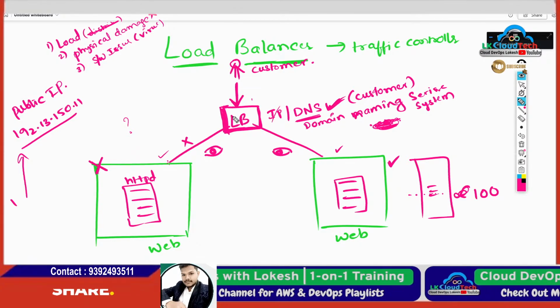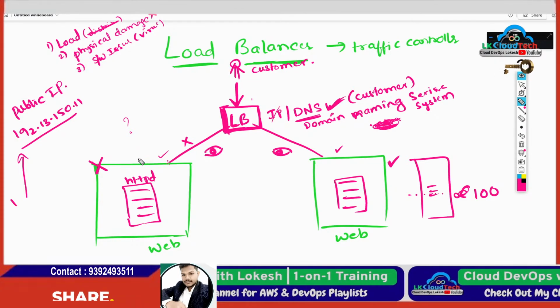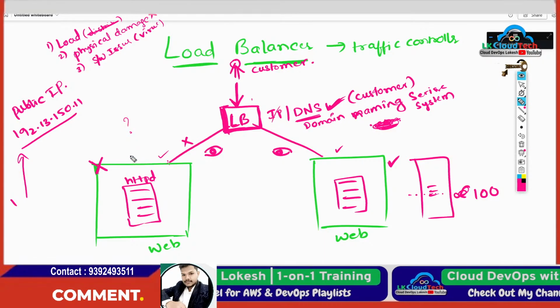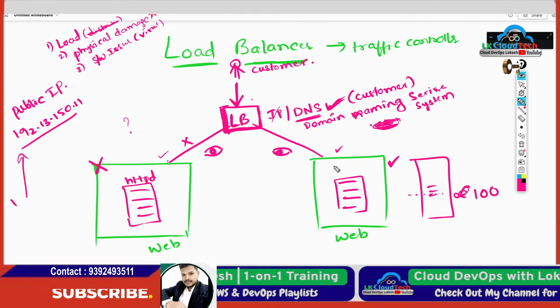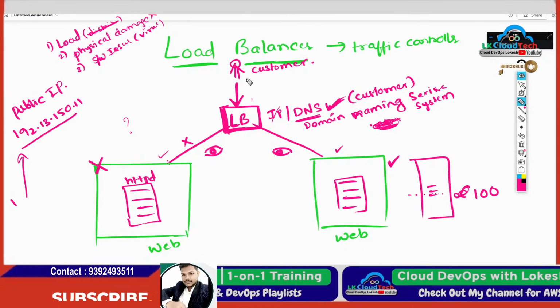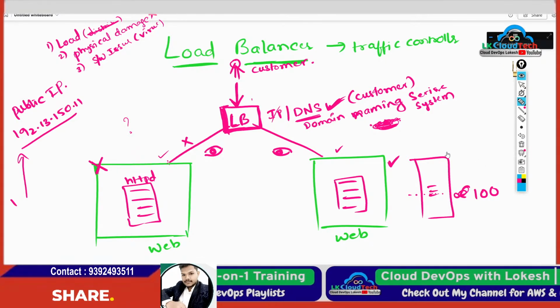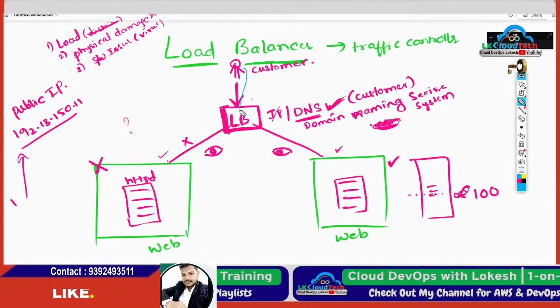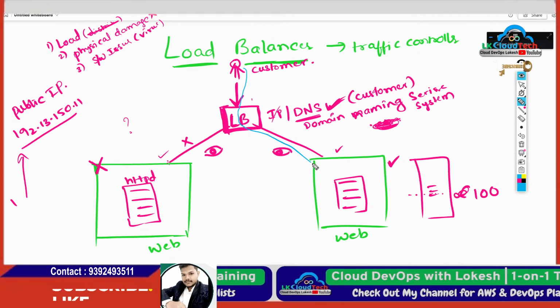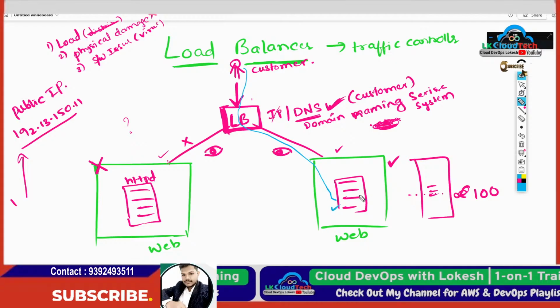The load balancer already has data that so-and-so web server is not ready. So whenever a request comes up, it will not send the request there, it will send it here. For example, he is the guy who is sending the request. Immediately the load balancer will distribute the traffic to the particular web server.